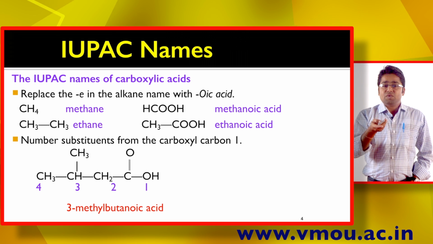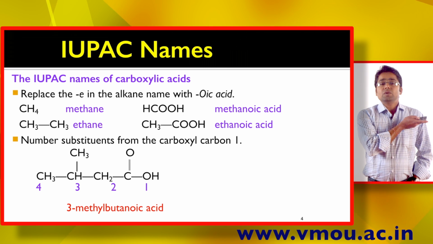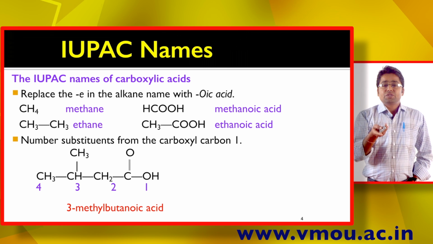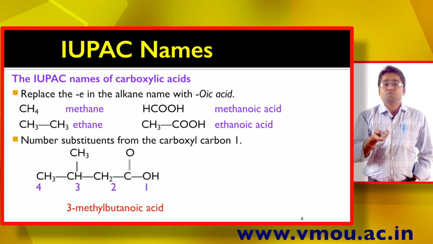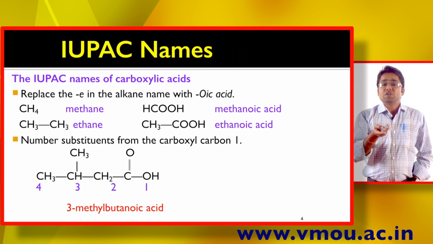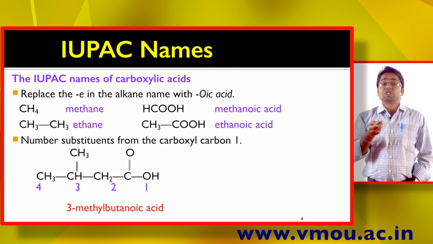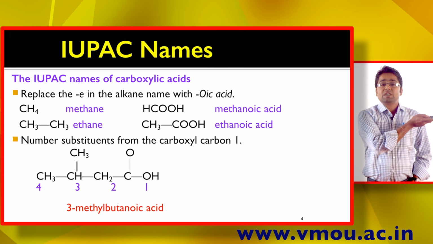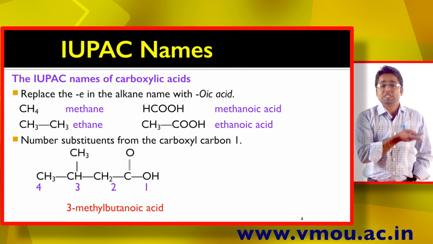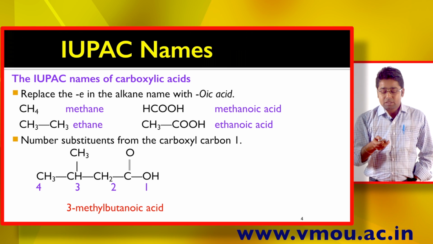So always assign number 1 to the carboxyl carbon and then continue along the longest chain. Here is an example of methyl butanoic acid. We have assigned number 1 to the carbon of the carboxyl group, and then we have shown a 4 membered carbon chain in the slide.